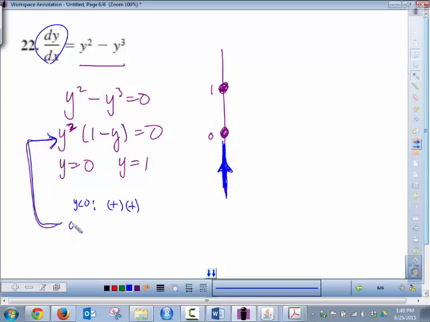When between 0 and 1, this is going to be a positive and then positive, so it's still positive. And then bigger than 1, positive, and then now this is when we get a negative.